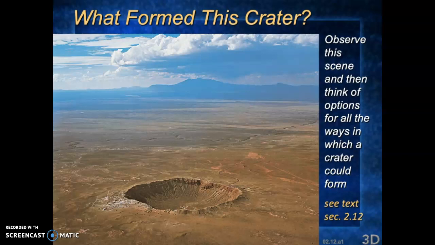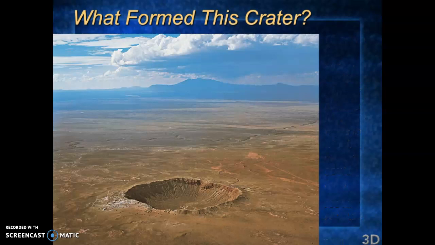One of the questions that's posed in your book toward the end of chapter 2 is what formed this crater. And you'll see that this is also a question for your exam. And so the last part of the exam is kind of an in-depth examination of how a crater might form. And it asks you to hypothesize, propose some different ideas of how the crater might form.